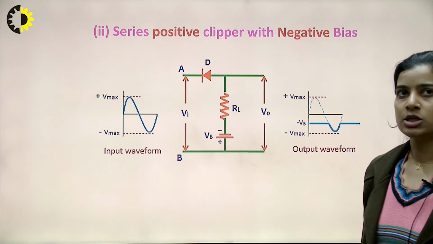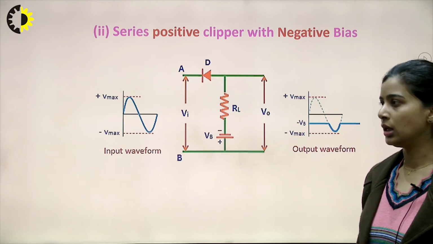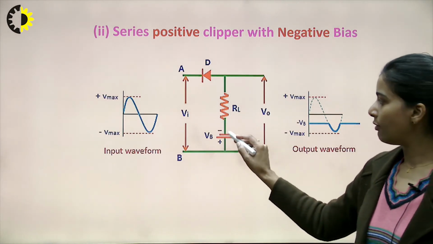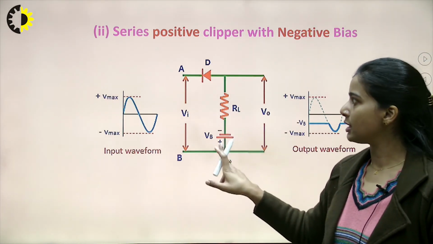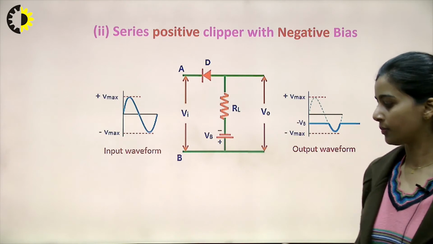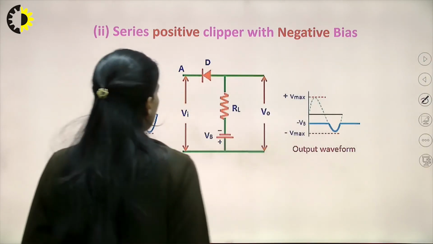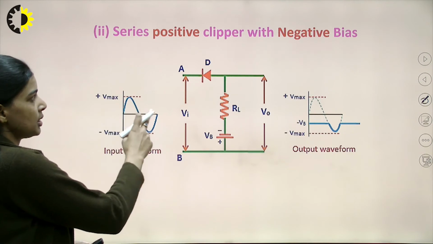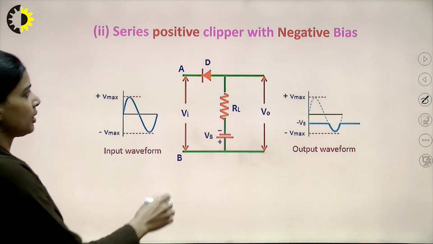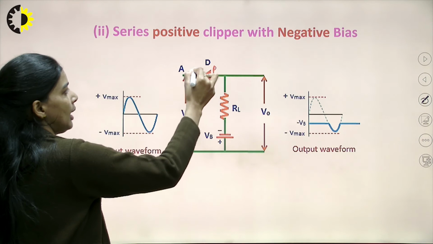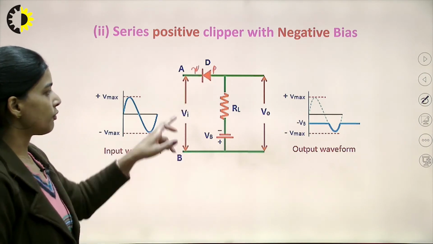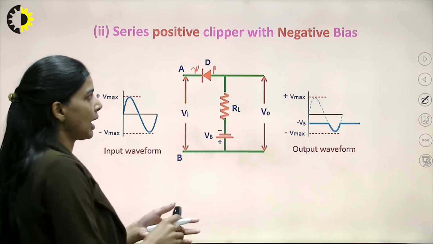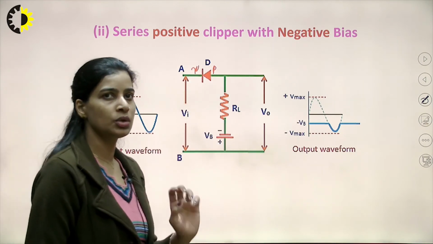Next is the series positive clipper with negative bias. Negative bias means now we have applied a negative biasing voltage to the diode. What will happen now? When the positive cycle appears, here this is P and this is N. For the positive cycle, the N side will be connected to positive and the P side is connected to negative.